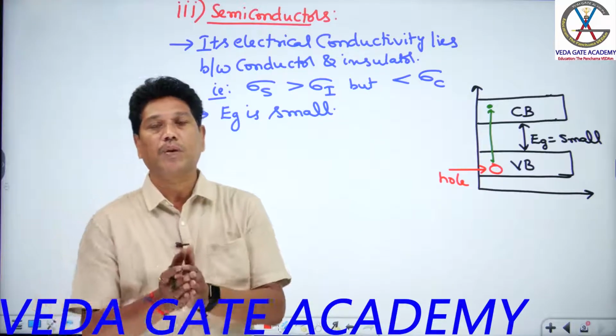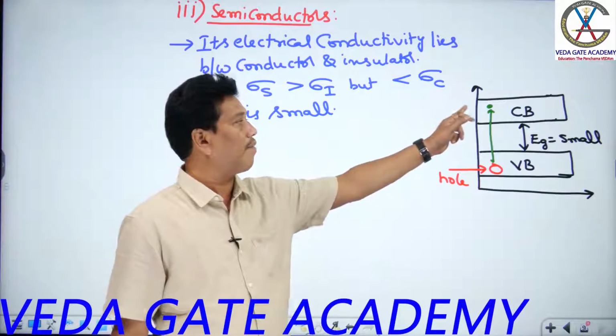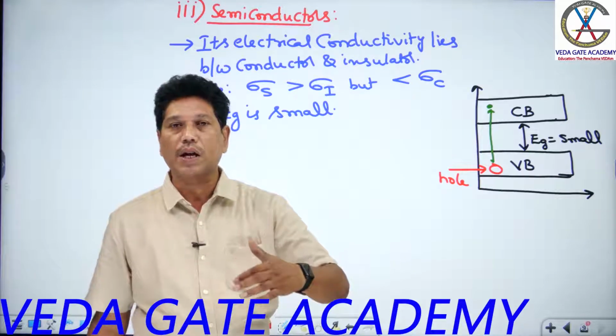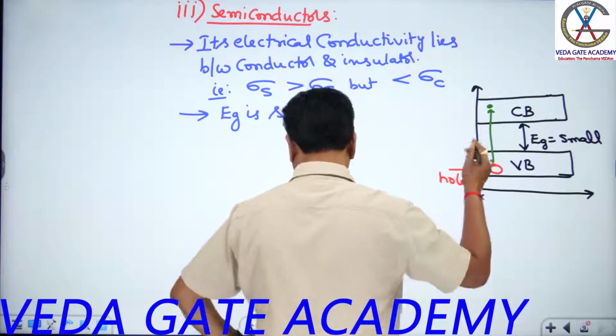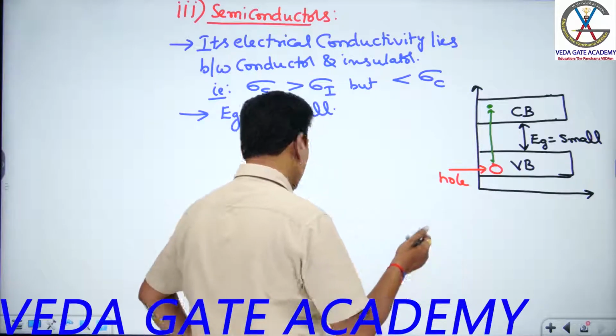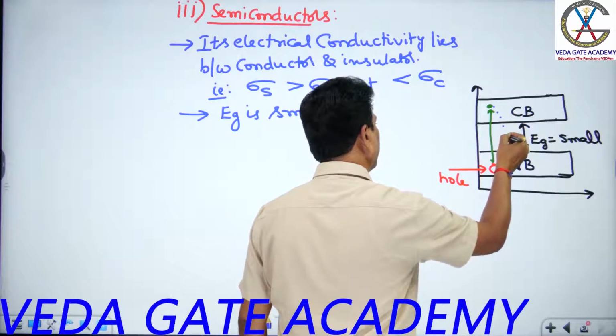Lifetime is an approximate, average one, not a fixed one. Once it reaches that lifetime, the electron should return from the conduction band to the valence band, like this.